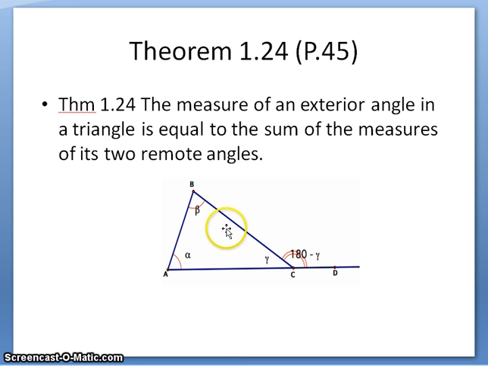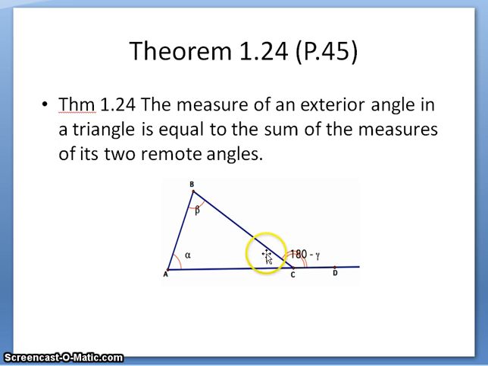So that means in this case, what we need to prove is the measure of angle BCD is equal to the measure of angle A plus the measure of angle B. That means the measure of BCD equals alpha plus beta if we use the symbols in the picture.